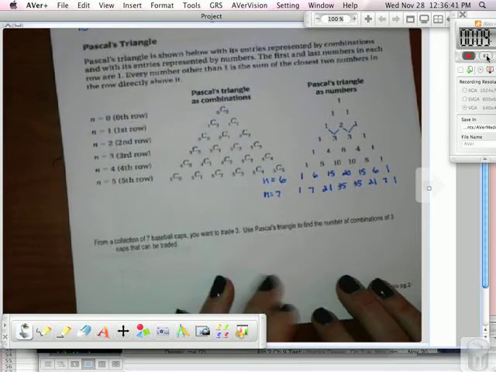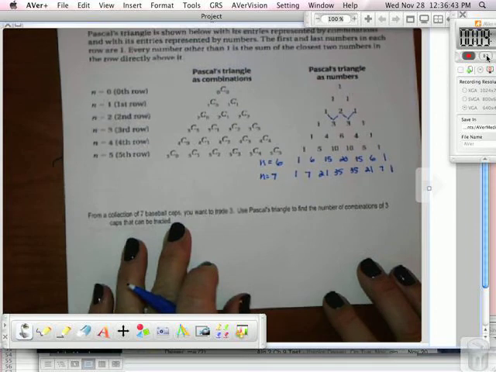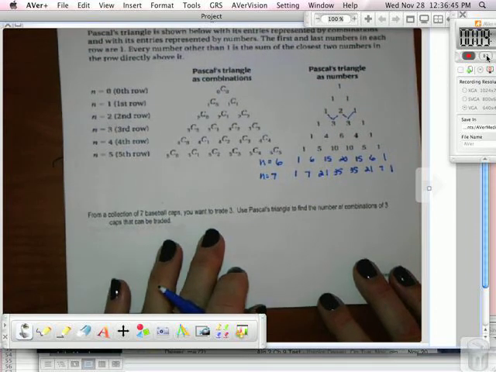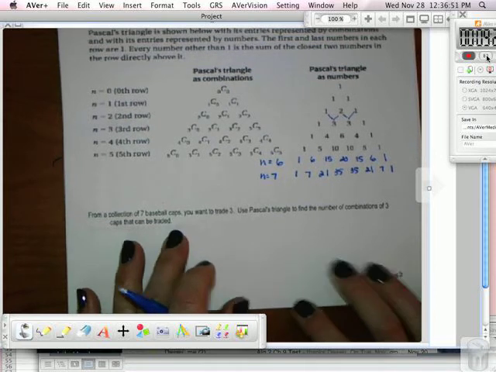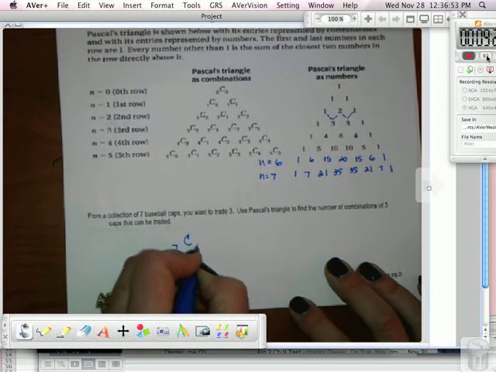All right. So here's how we use this. From a collection of 7 baseball caps, you want to trade 3 of them. Use Pascal's triangle to find the number of combinations of 3 caps that can be traded. So I have 7 choose 3.